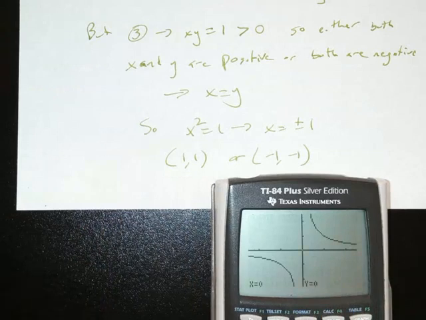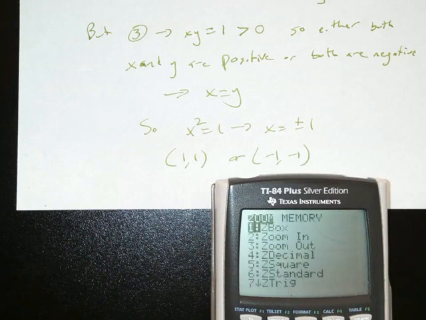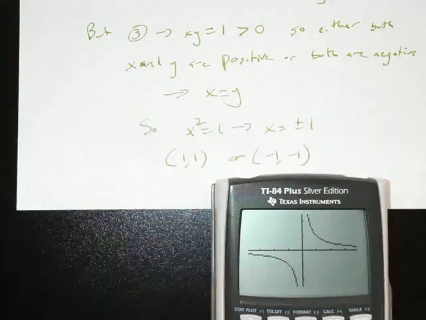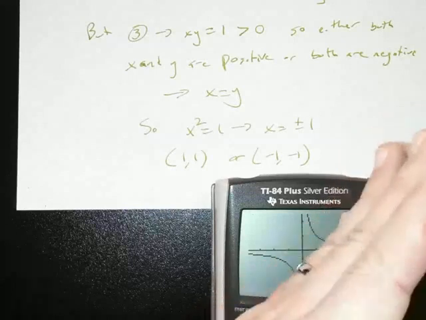That's our hyperbola. Let me square that picture up so it looks a little better. Zoom option 5. And if we draw the closest spot to the origin, wouldn't that be at a 45-degree angle?